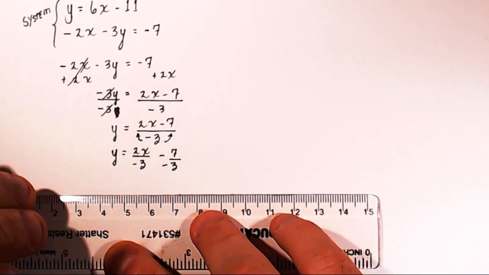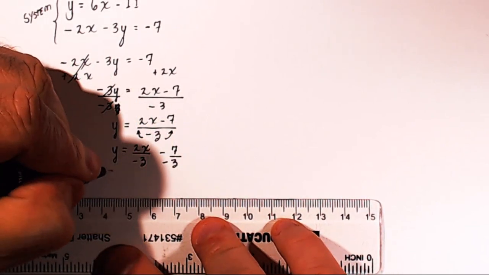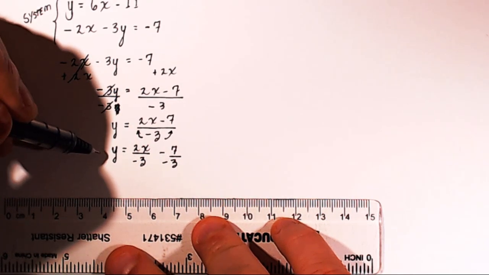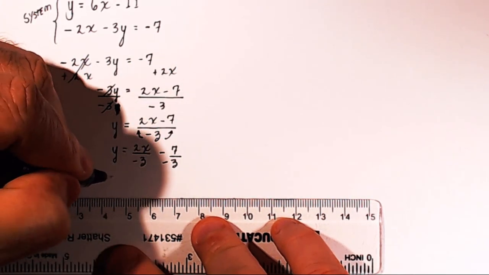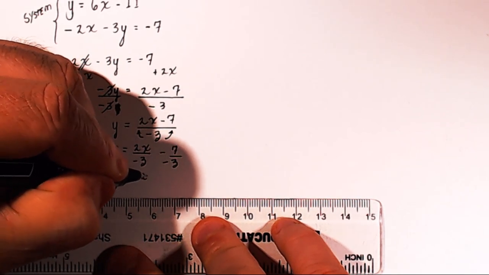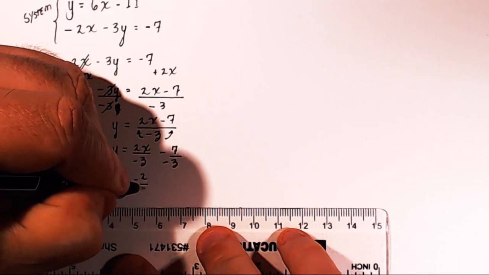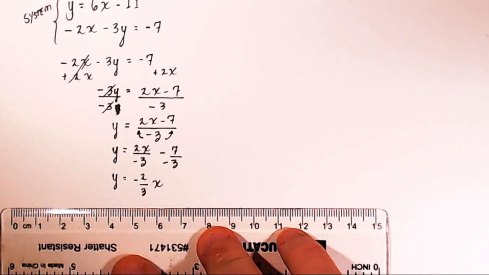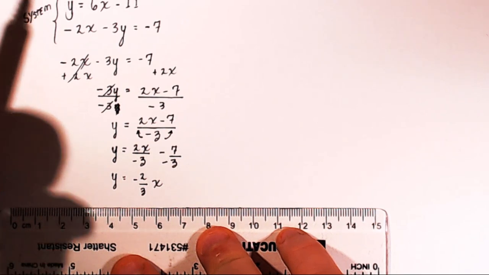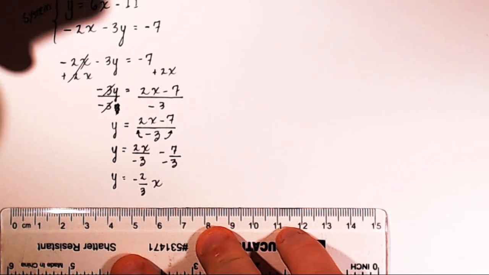As you can see, we've got a little bit more work to do. I can pull this negative 2/3 out and set it next to the x like this. y equals negative 2 over 3 x, and then this negative 7 over negative 3 can just be plus 7/3.